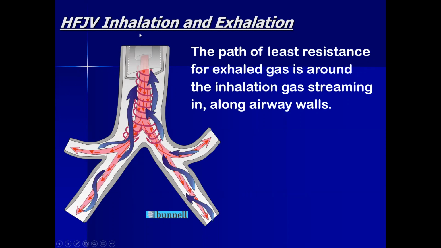So this is showing the middle that's pink and the arrows are going down. So that's a burst of air that gets sent through the conducting airways to the alveoli. So in the very center, you have the inhaled air, but around this jet stream, it's possible for air to escape up the endotube and exhalation to be occurring while inhalation is occurring.